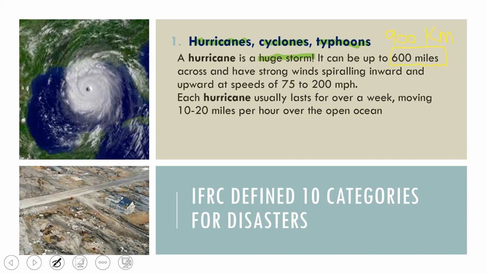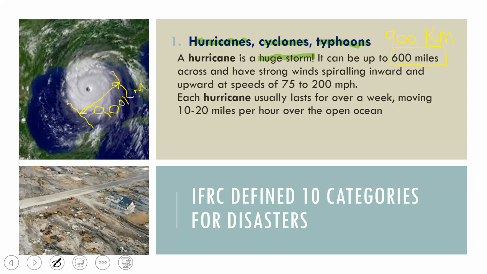If you look at this image here on the left, this is a satellite image of a hurricane. You see this circle of white clouds. This is the hurricane. When they say it can be 900 kilometers across, the distance can reach up to 900 kilometers.